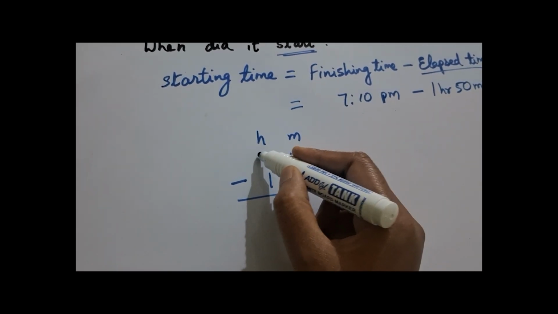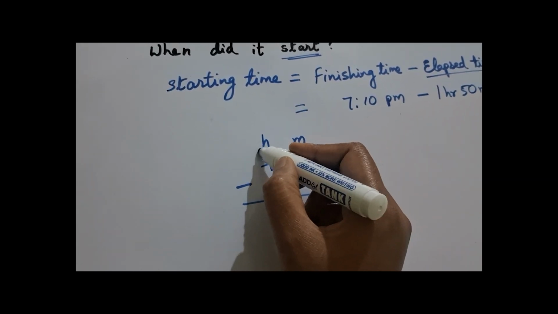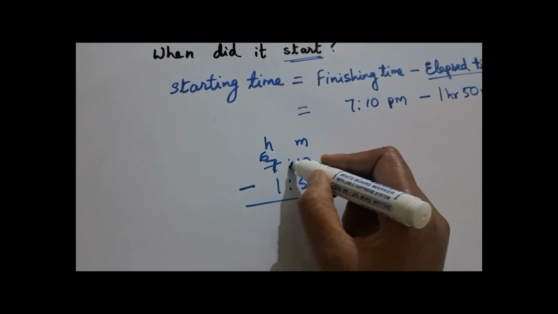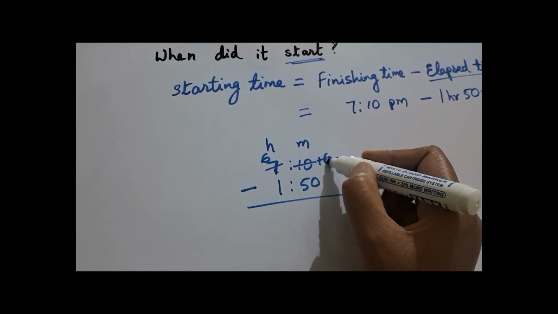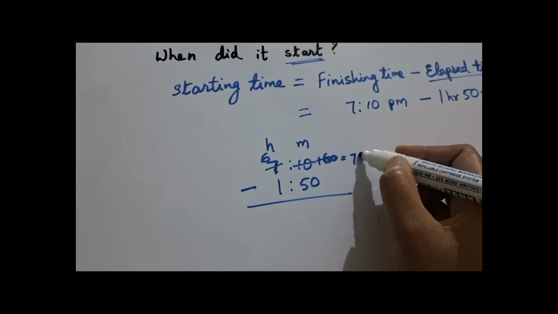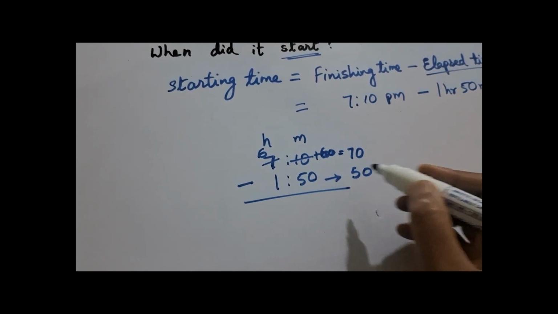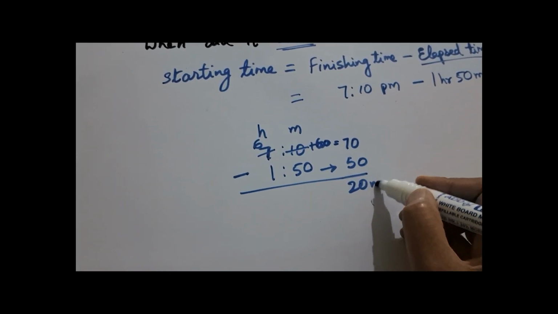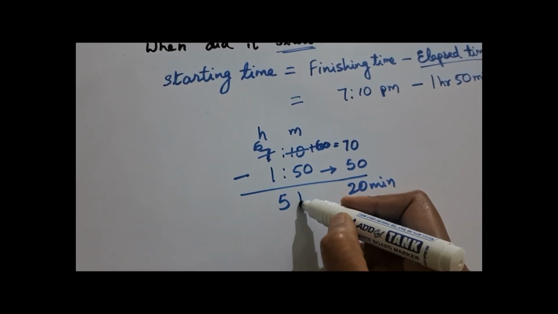That means from this we have to take 60 minutes. That is, this 7 hours will become 6 hours and this 10 minutes will become 10 plus 60, that is 70 minutes, and this is 50 itself. Now 70 minus 50, that is 20 minutes, and 6 minus 1, that is 5 hours.